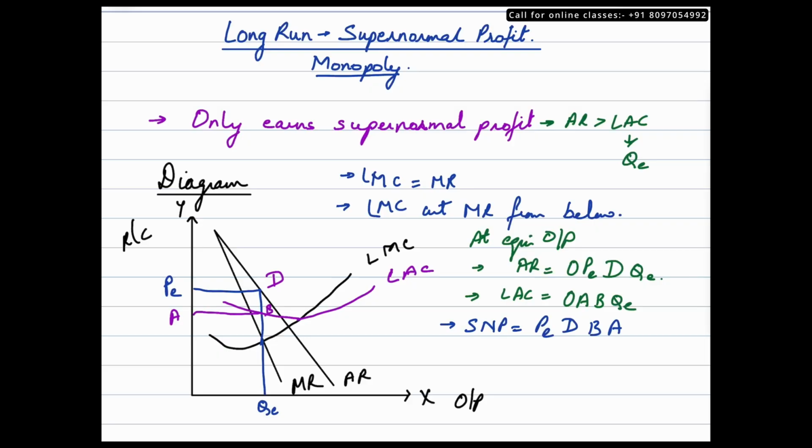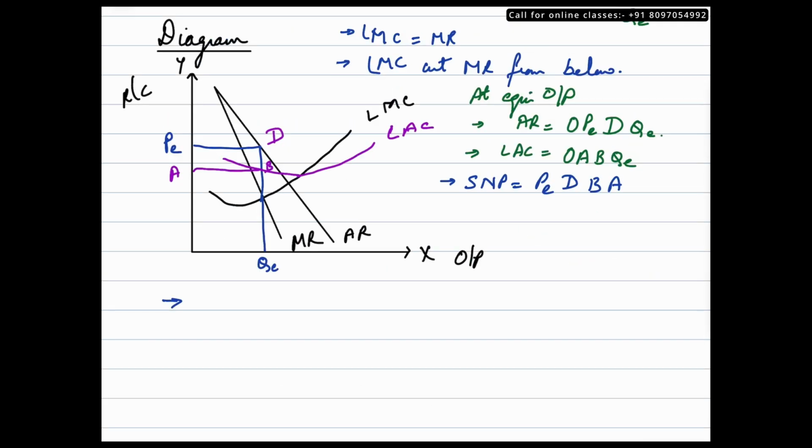Now, why do you think a monopolist would earn supernormal profits in the long run? So, the first and the most important reason is there are high barriers to entry. That means a monopolist would never allow a potential firm to enter the market and compete with it.